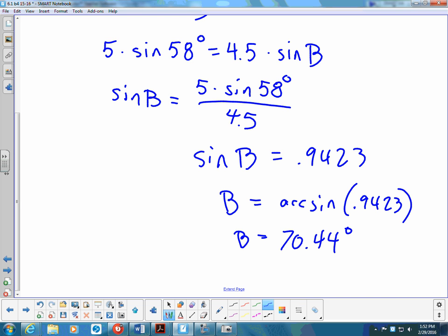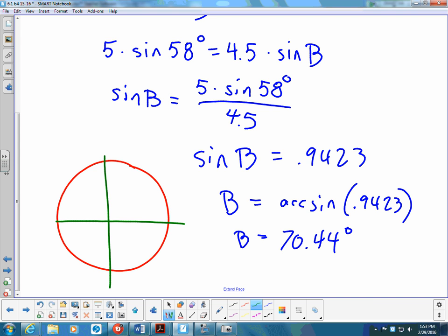Question for you. Is 70.44 degrees the only angle that has a sine value of 0.9423? This is where I'm going to ask you to think about the unit circle. Here's our unit circle. And remember that 0.9423 would be the y coordinate.